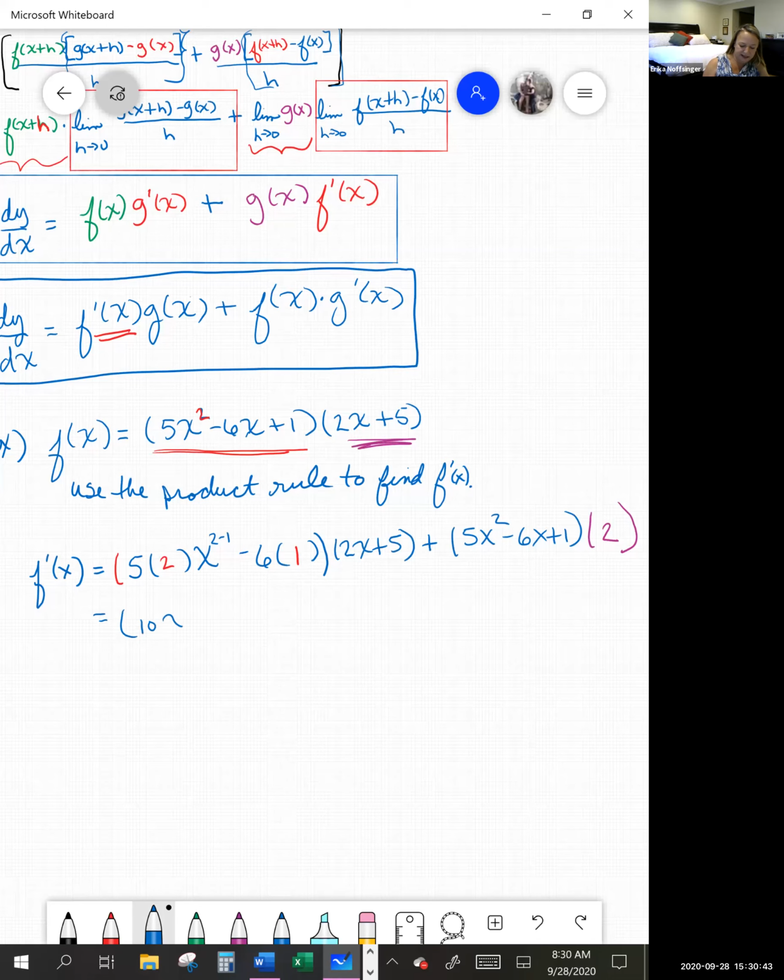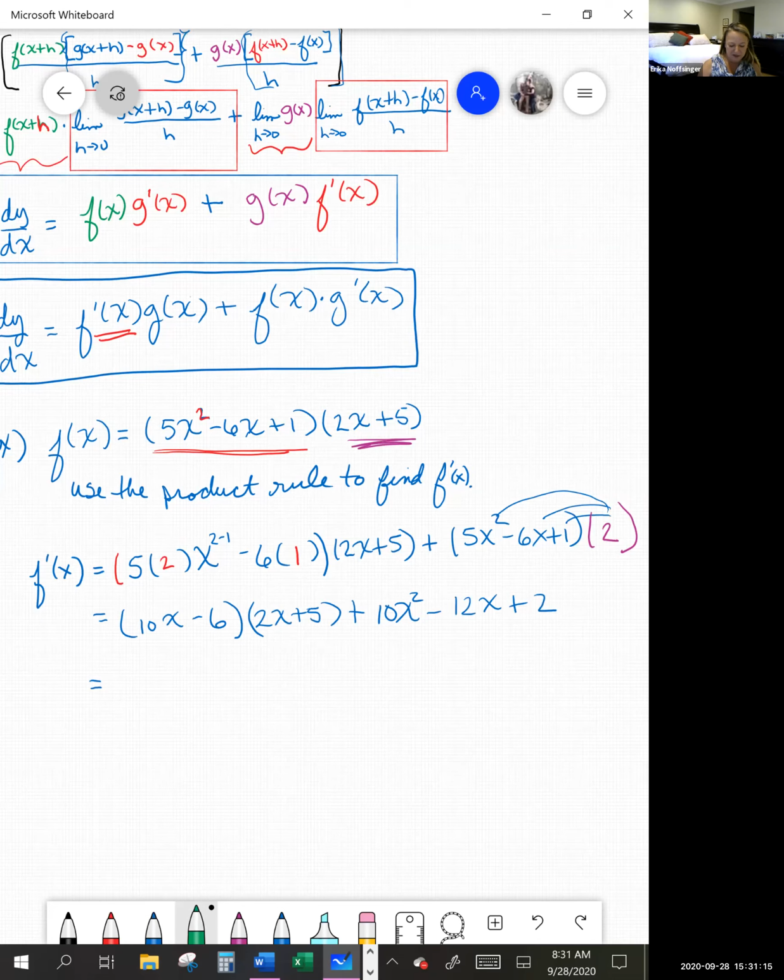So we have 10x minus 6 all times 2x plus 5, plus, and we can distribute here. So this gives us 10x squared minus 12x plus 2. Distribute.